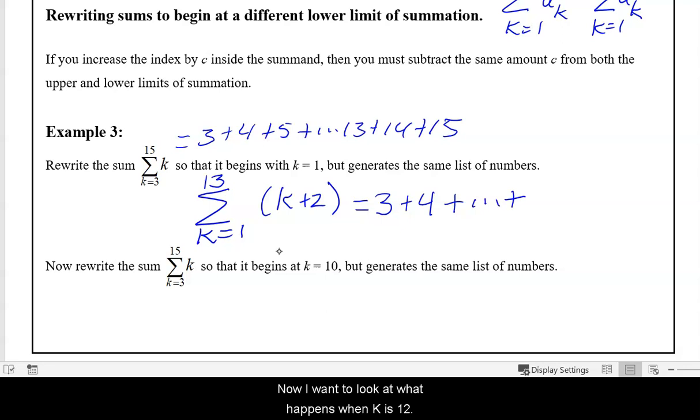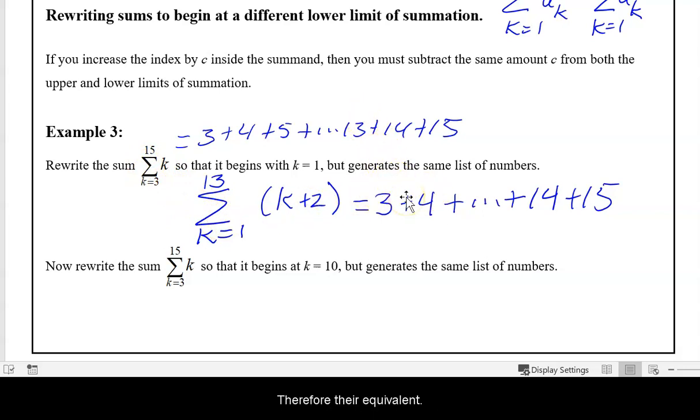Now I want to look at what happens when k is 12. When k is 12, 12 plus 2 would give me 14. The upper limit got changed to 13, and 13 plus 2 would generate 15. In this way, these two sequences represent the sum of the same numbers.